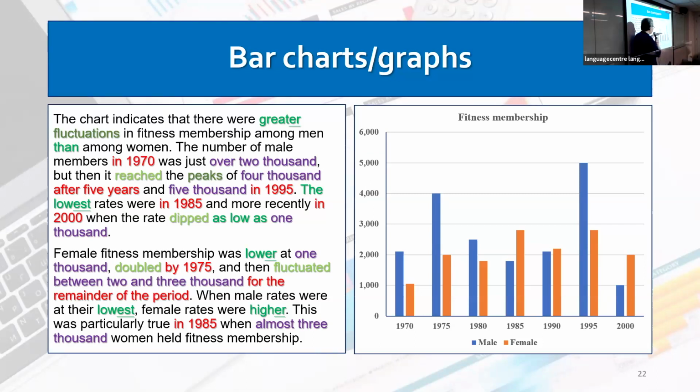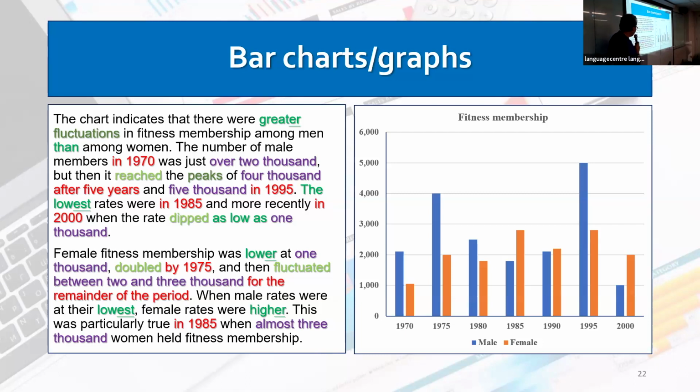So you have to be able to describe the trends in the bar chart, not just by using different language of comparisons, but also you have to signal to your reader very clearly which year or which period you are talking about, right?